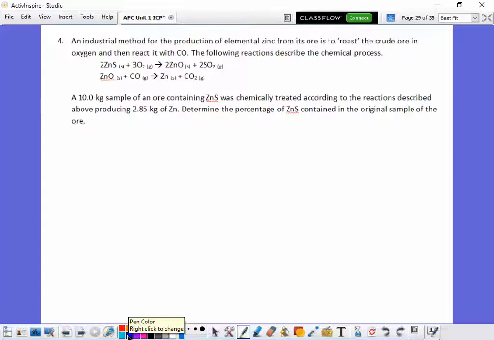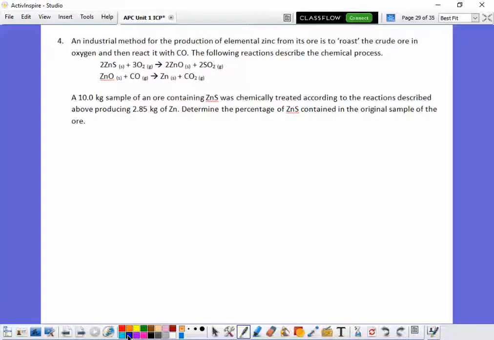An industrial method for the production of elemental zinc from its ore is to roast the crude ore in oxygen and then react it with carbon monoxide. The following reactions describe the chemical process. We have a 10 kilogram sample of an ore containing zinc sulfide that was chemically treated according to the reactions described above, producing 2.85 kilograms of zinc. Determine the percentage of zinc sulfide contained in the original sample of the ore.